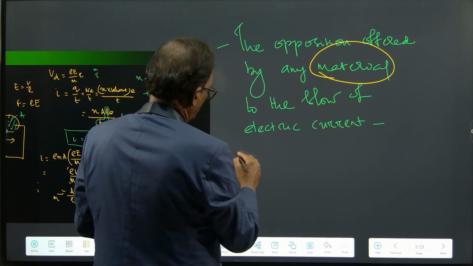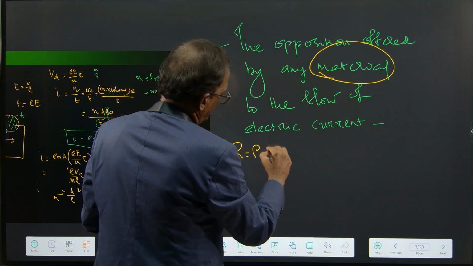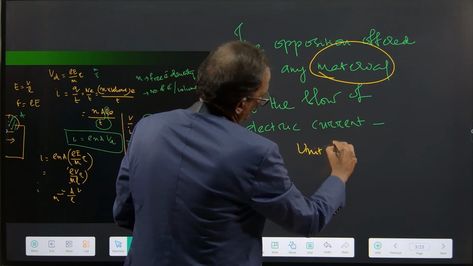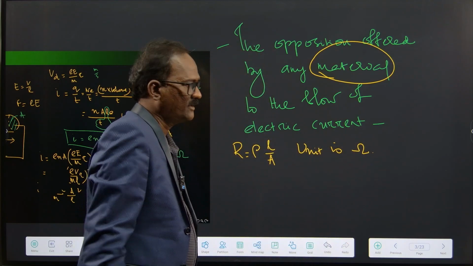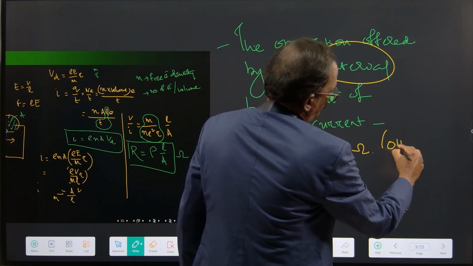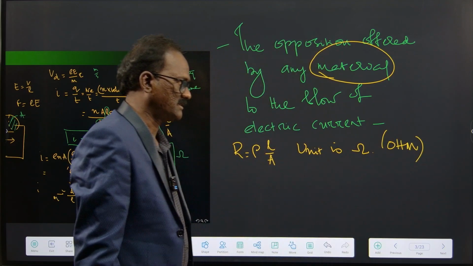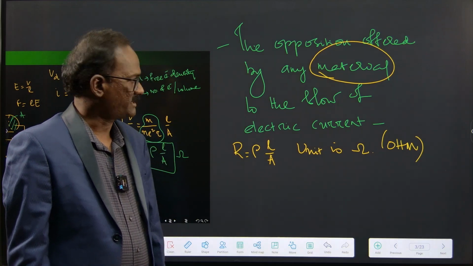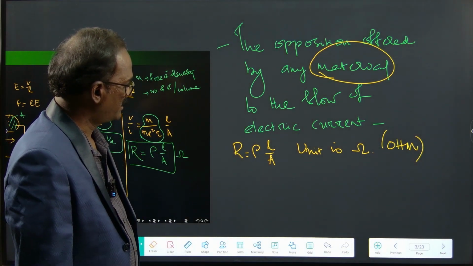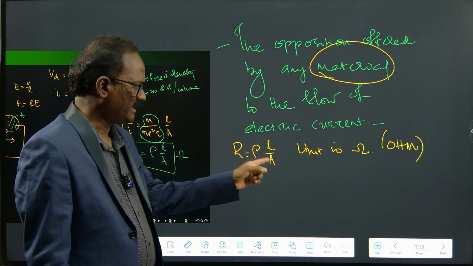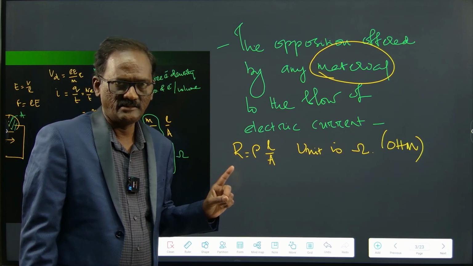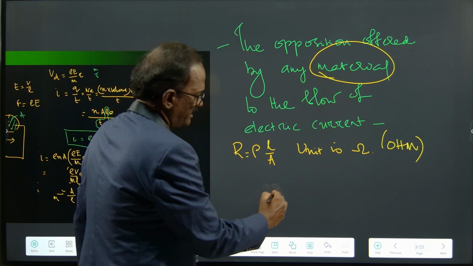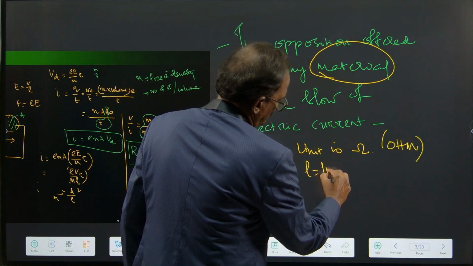So R is equal to rho L by A, and the unit of resistance is ohm. It is one of the important properties of electricity. Then L and A are dimension quantities. Make L 1 meter and A 1 meter square.